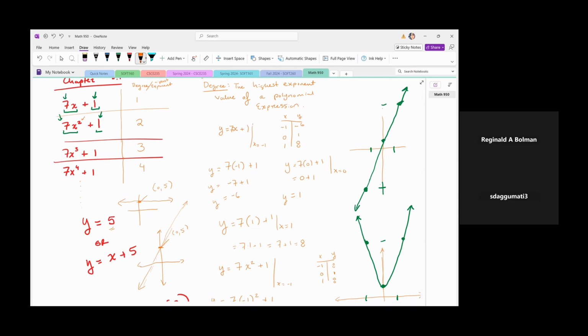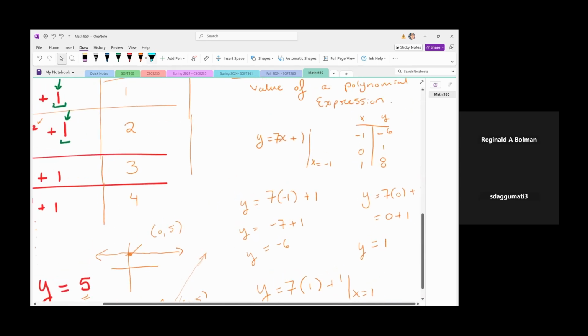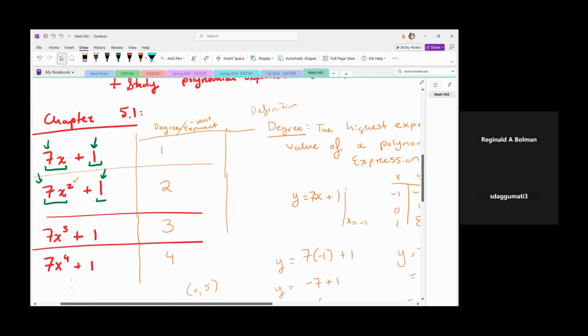Okay, so it does appear to be the case that the number of terms of an expression is also equally important to the specific behavior of that expression. And we see that just from the linear equations themselves. And so not only is degree important, but we'll also say that depending on the number of terms within an expression, we will be able to classify or categorize the behavior of the expression itself.